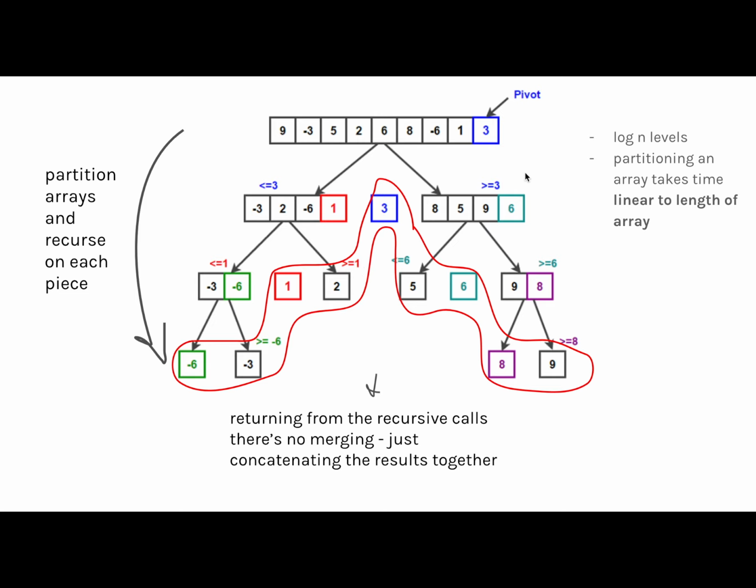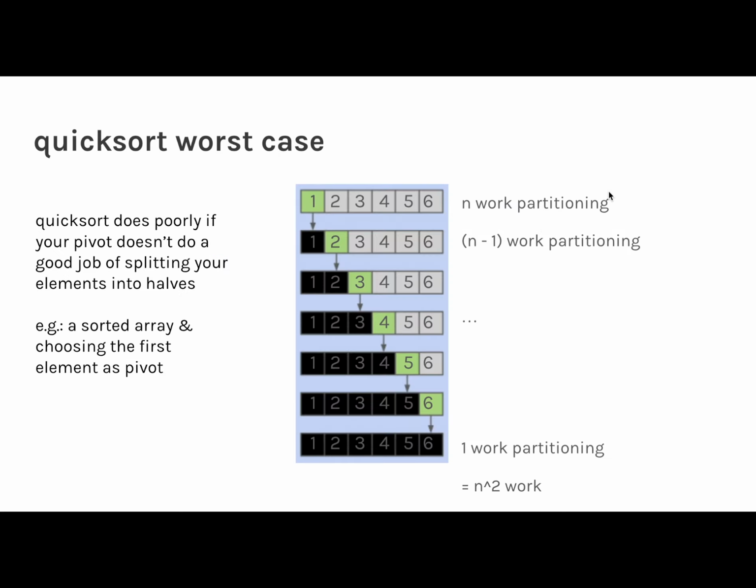And how much work are we doing per level? Well, partitioning an array takes time linear to the length of the array, right? Because you have to look at every single element to see if it's less than or greater than the pivot. So that's going to be n work per level, log n levels, n log n. So n log n is the average case and the best case.